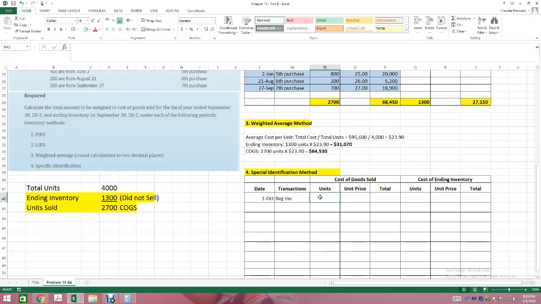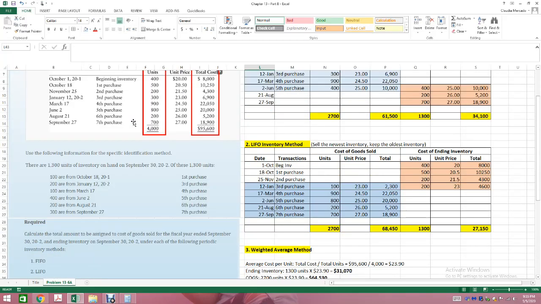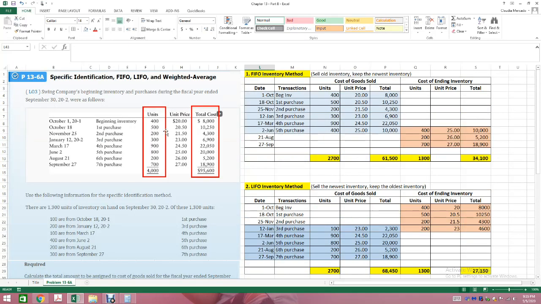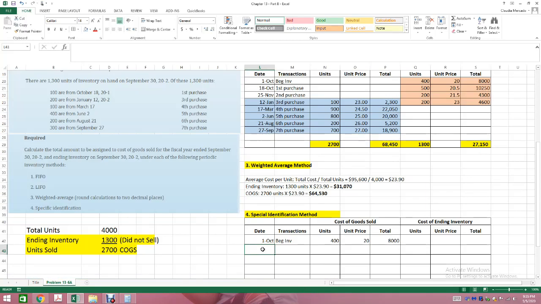Those were sold. That's going to be $8,000. Now let's look at the first purchase. They're telling you that you had purchased 500. Out of those 500 that you purchased, you have 100 that you did not sell. So let's do that.